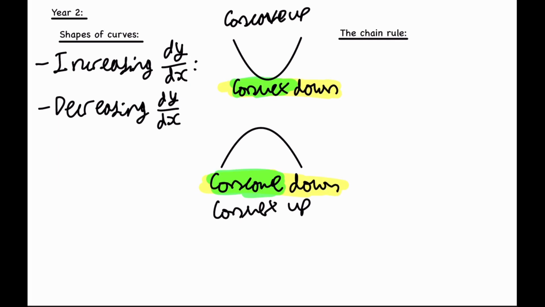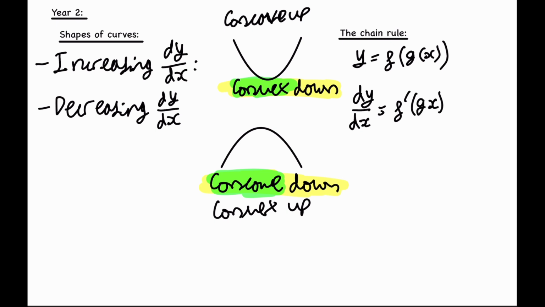Now let's go on to the chain rule, and this is used to differentiate composite functions, which look something like this, where you have a function of another function. So f of g of x, for example. Say if you have something like this, dy over dx is equal to f dash of g of x multiplied by g dash of x.